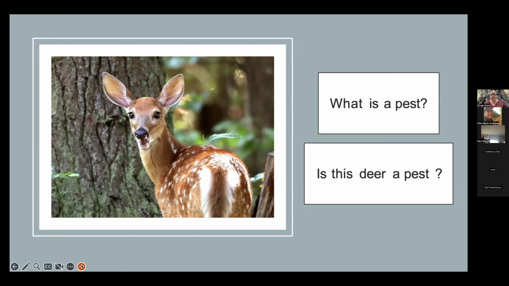So the concept of what a pest is is dependent on the situation. It is human defined. Does it affect your economics? Does it affect your food source? Does it affect your human health? These are questions that will help determine what a pest is, knowing that sometimes an insect might be a pest and sometimes it might not be. It all depends.